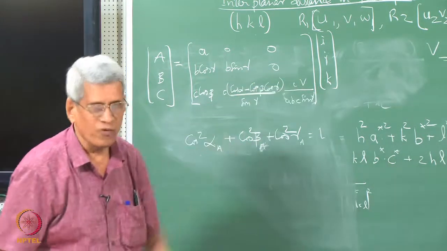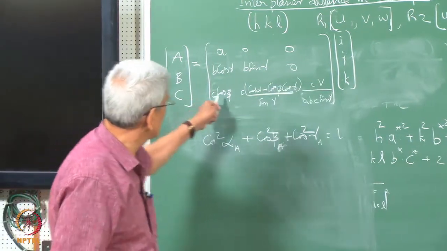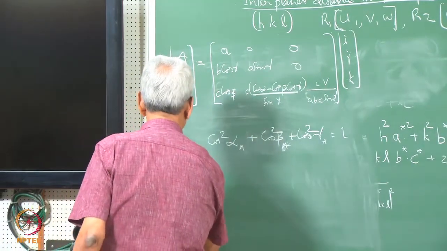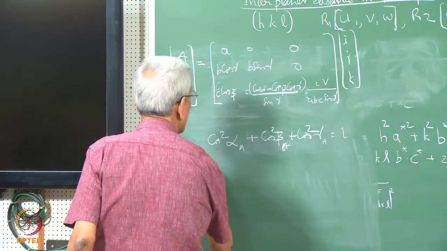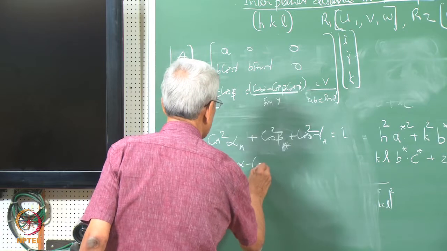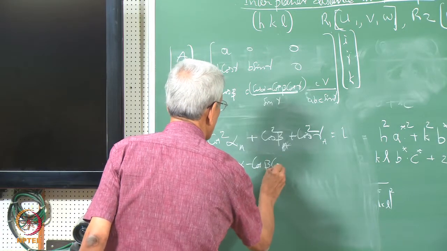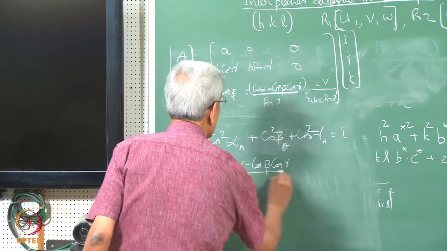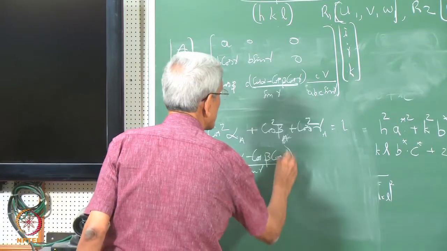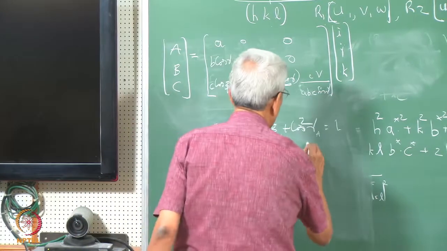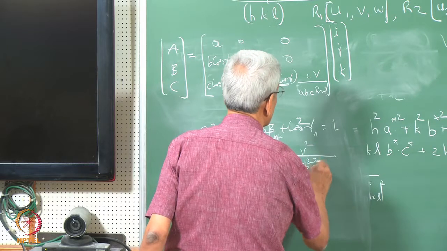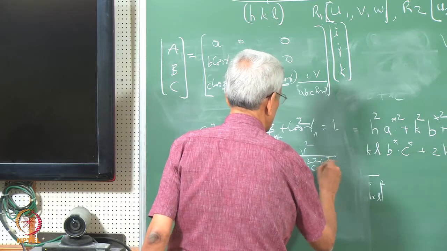Similar expression holds for all of them. So then, for the last one, the term will turn out to be (cos squared beta plus (cos alpha minus cos beta cos gamma) by sin gamma) the whole square, plus V squared by a squared b squared c squared sin squared gamma.